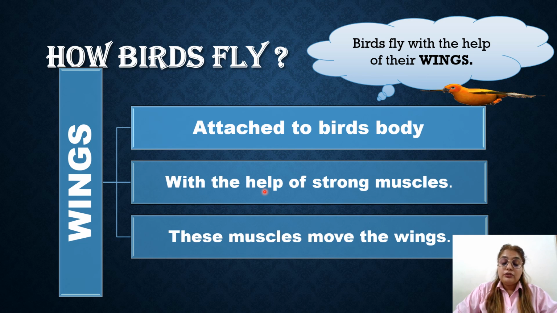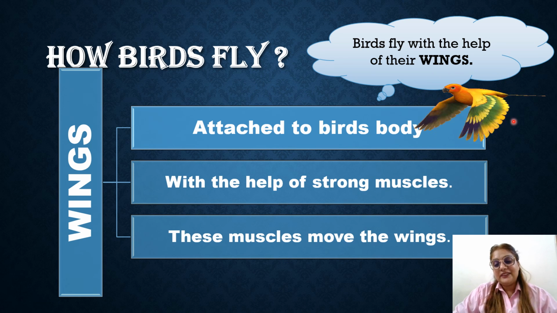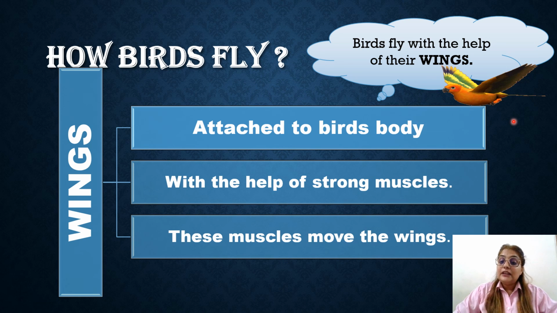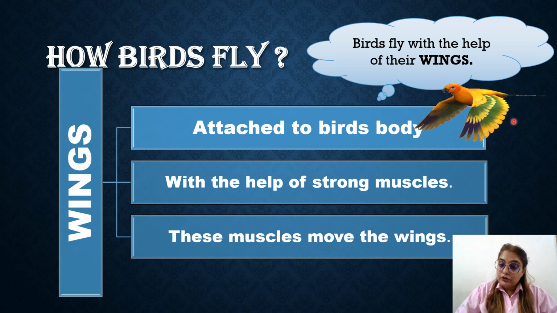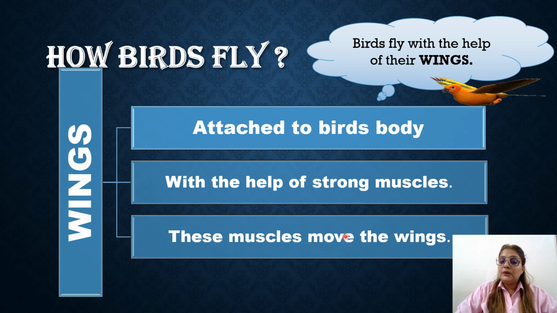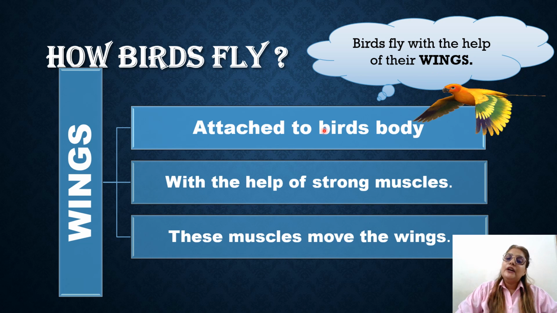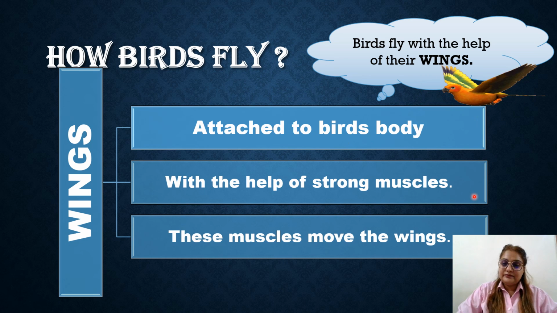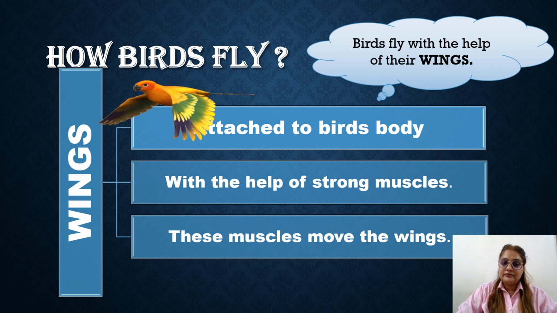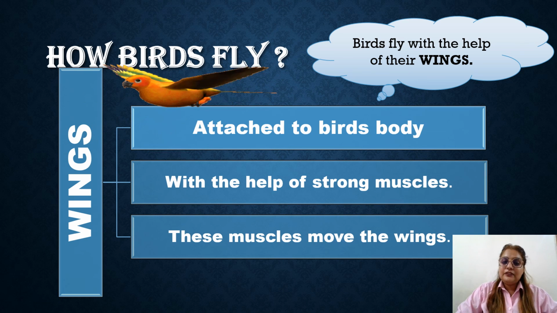They are attached with the help of strong muscles. Like we have muscles, birds also have muscles that helps the wing to be supported on the body. These muscles move the wing. Now, because of these muscles, it helps the wings to move and it helps the bird to fly. See, the bird is flying.